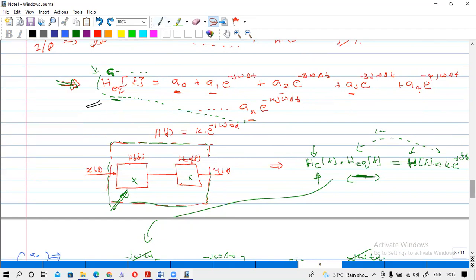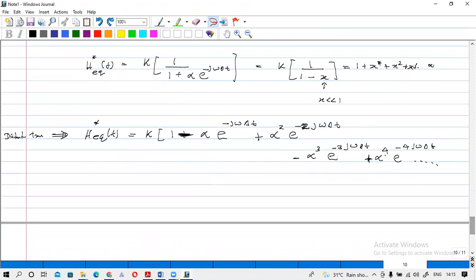Okay, I will write it. So we have derived the transfer function H EQ. That is the derived transfer function: a naught plus a1 e to the power j omega delta t plus a2 e to the power minus 2j omega delta t plus a3 e to the power minus 3j omega delta t.